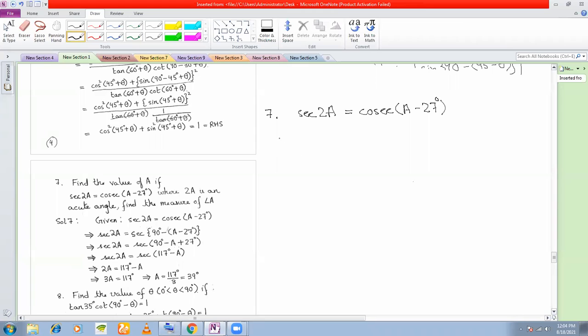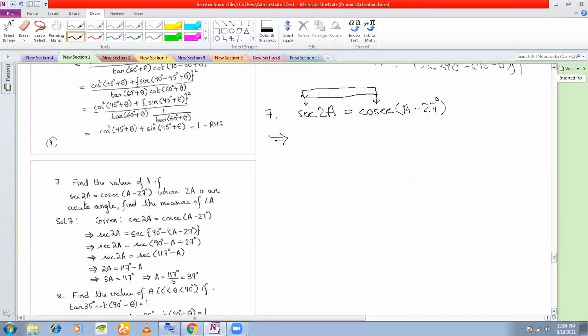Now this is very interesting because this equation that you need to solve here for A, such equations are called trigonometrical equations. What is interesting here is that you have a sec on the left hand side and you have a cosec on the right hand side. Now you know that sec can be changed to cosec, or you can change cosec to sec, right?